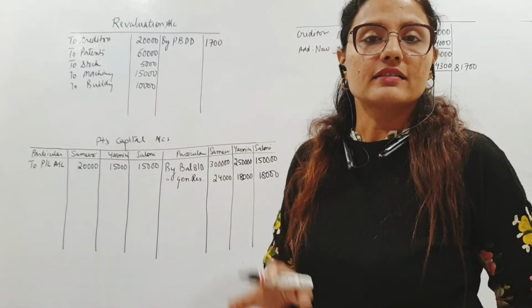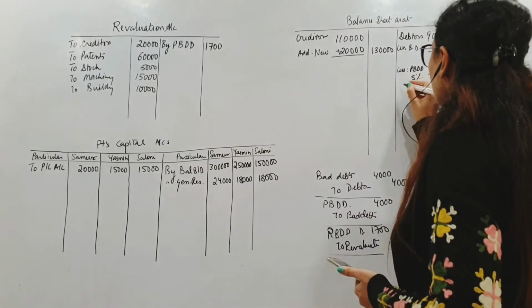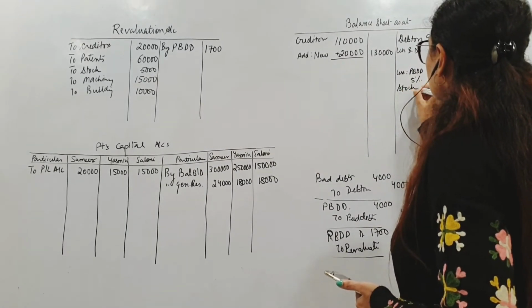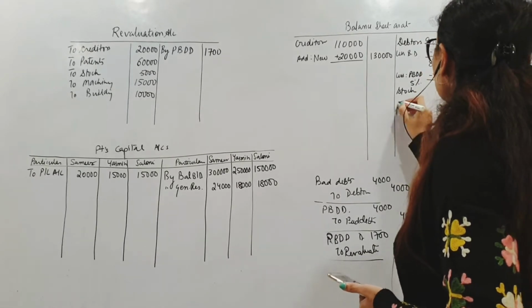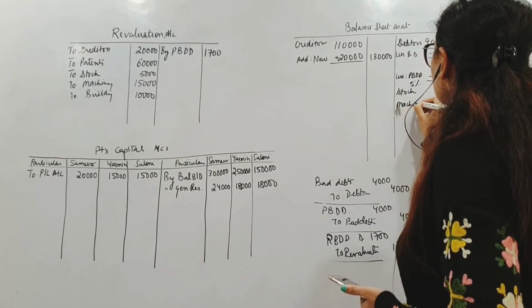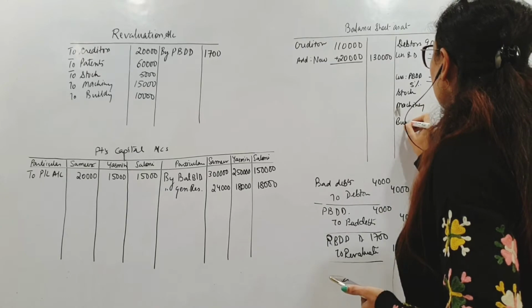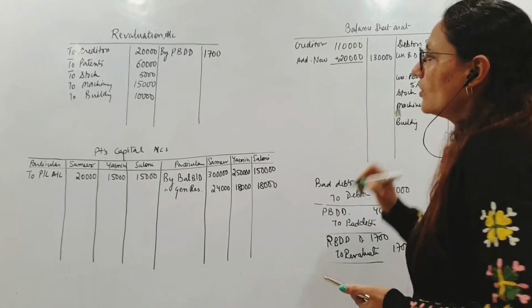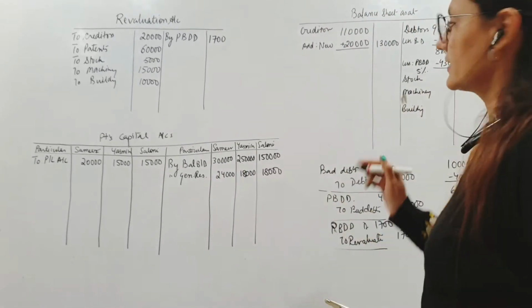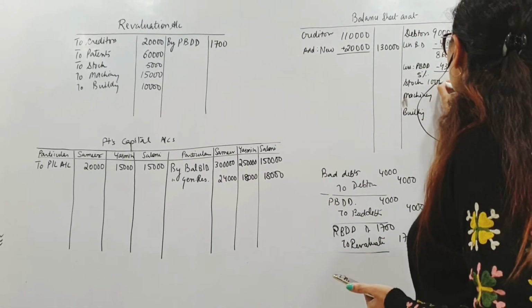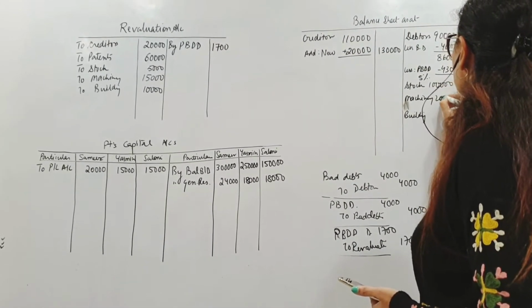Alright, all these assets are going down in value. So I'll put it here: stock, machinery, and building. All are going down in value. Okay, stock 1 lakh, 3 lakh, and 2 lakhs.